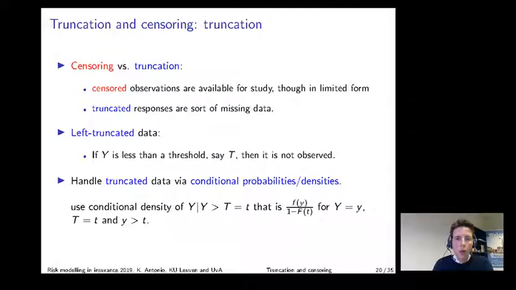That is, you will use the conditional density of Y given that it exceeds an observed threshold t, as indicated here at the bottom of the sheet. So you will use this conditional density when writing down your likelihood for this specific truncated observation.